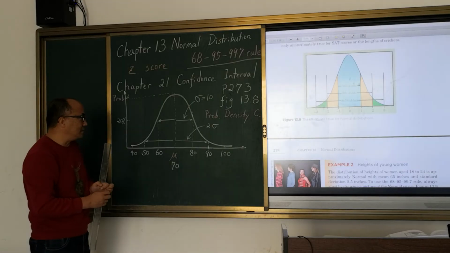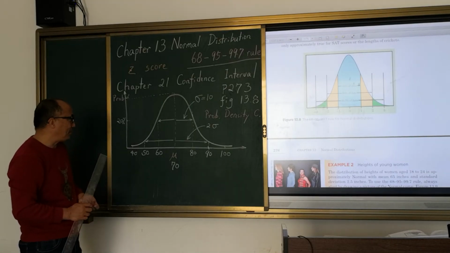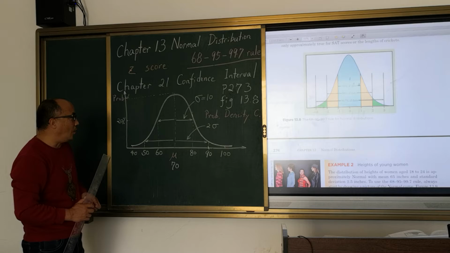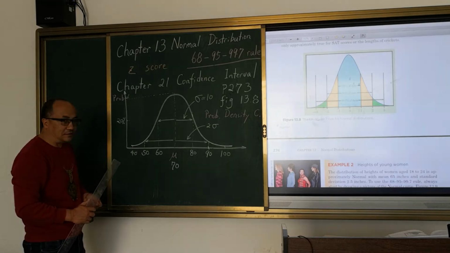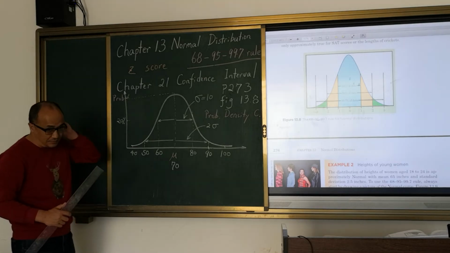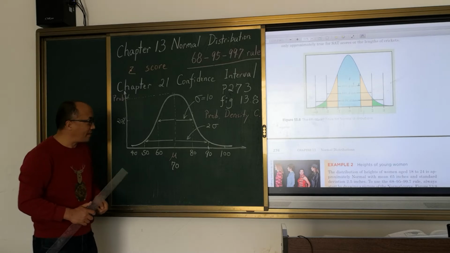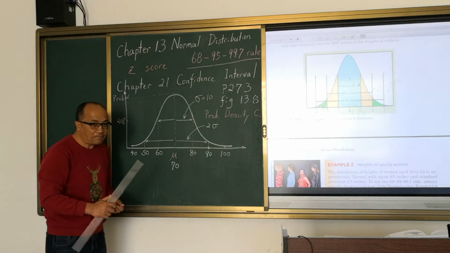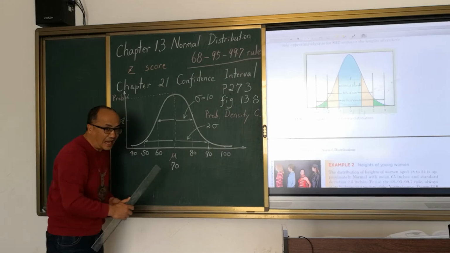But now I'm asking, what's the probability that a student scores higher than 90?